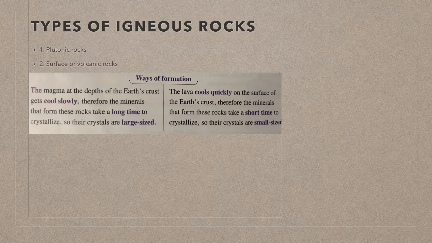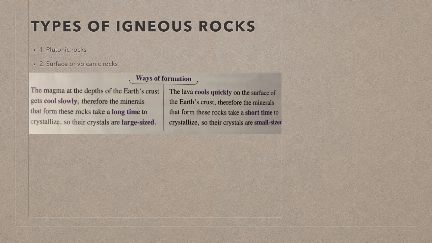There are two types of igneous rocks: plutonic rocks and the surface or volcanic rocks. First, we will talk about the way of formation of the plutonic rocks. The magma in the depth of the Earth's crust cools slowly.